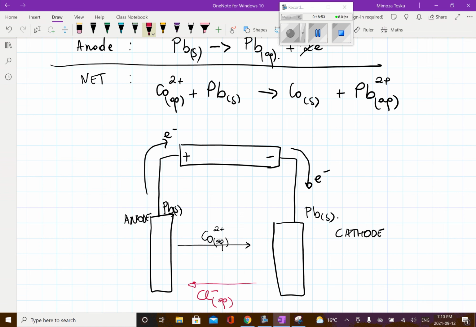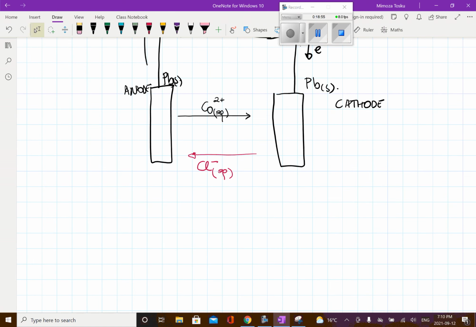And when you calculate the electric potential of the cell, you will take whatever is the electric potential of cathode minus the electric potential of anode.